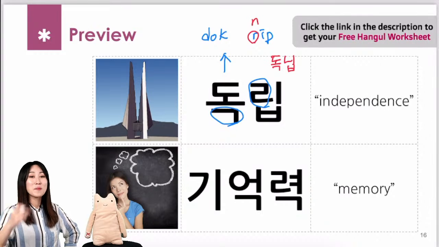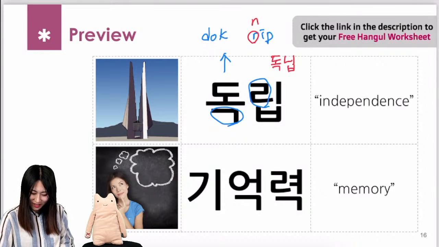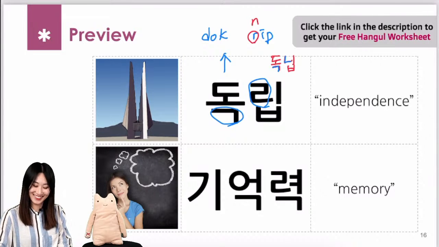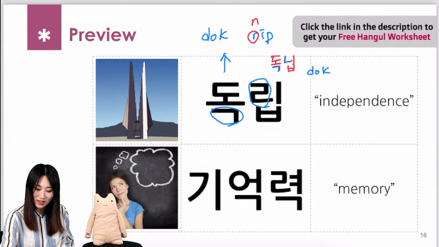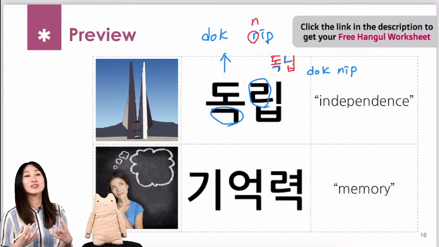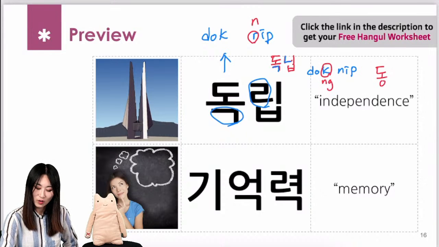Because you just applied rule number 2. But now you see rule number 1 again. Oh, wait. Let's see. There is an air blocking sound here and there is a nasal sound. So currently it's like 독닙. But now, because of the air blocking sound, it changed to a nasal sound, right? So what happens is, this becomes NG, as in 동닙.